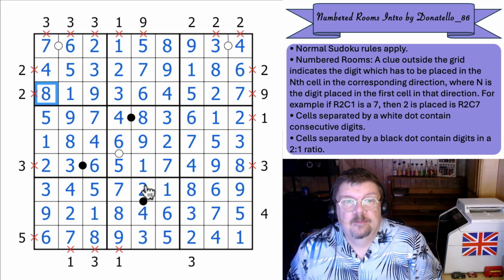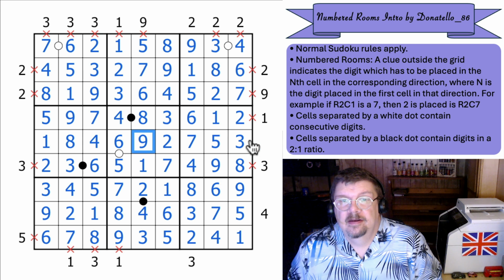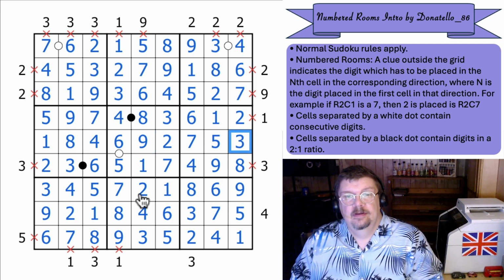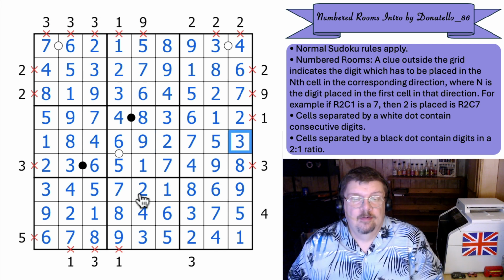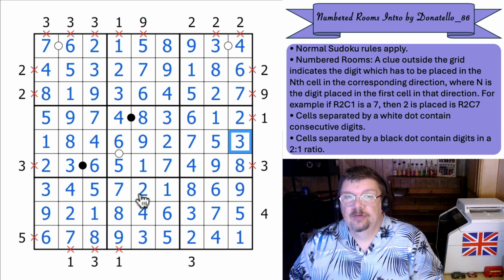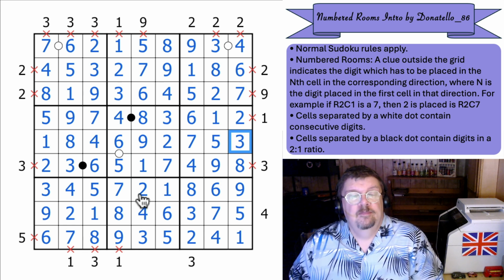So, yeah, great break-in. Wish I'd spotted that 9 over here a little sooner, because that would have finished up quite a lot quicker. So I expect some good times on this from the people who solve the puzzles I present.